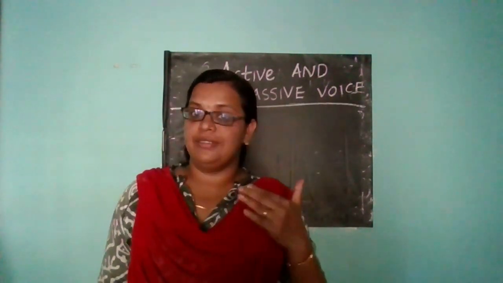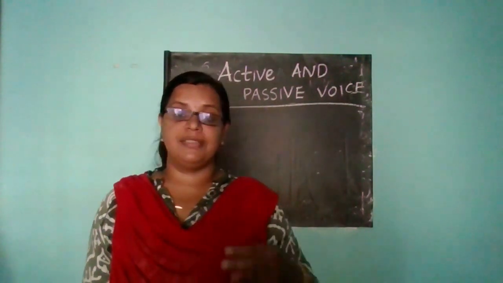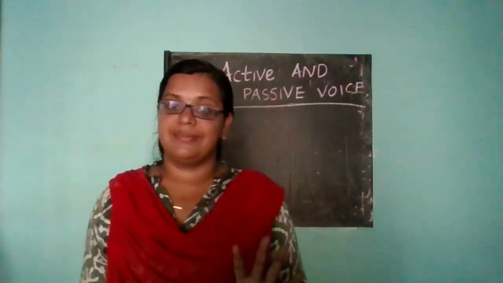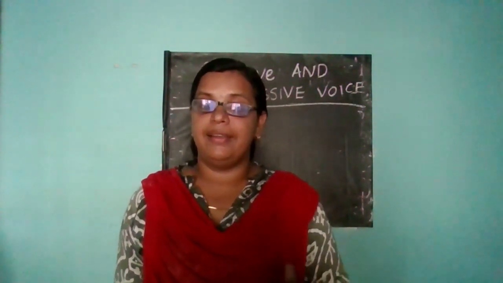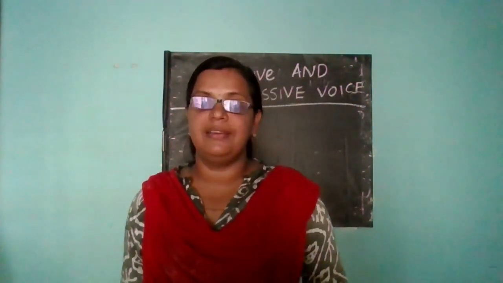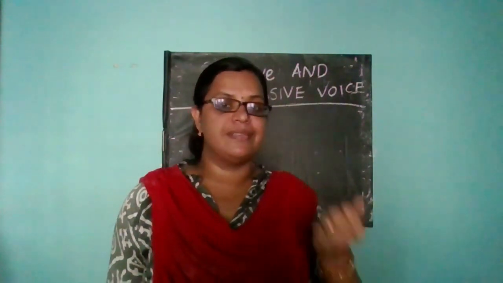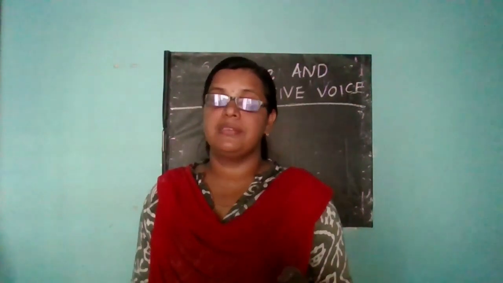Now let us think about tenses. How many tenses have we completed? Yes, we have completed 9 tenses last term. Which are they? Simple present, simple past, simple future, present continuous, past continuous, future continuous, present perfect, past perfect, and future perfect.